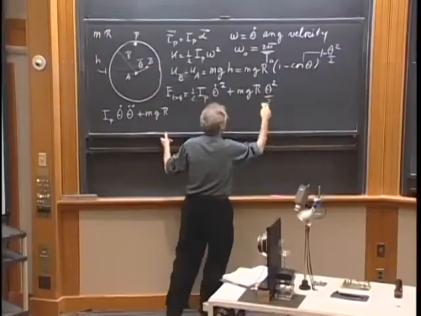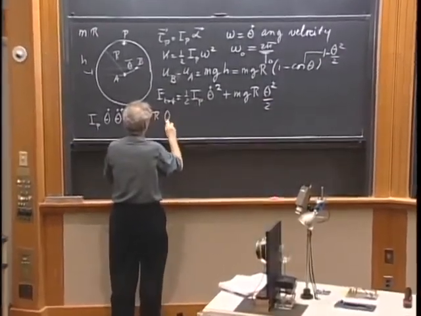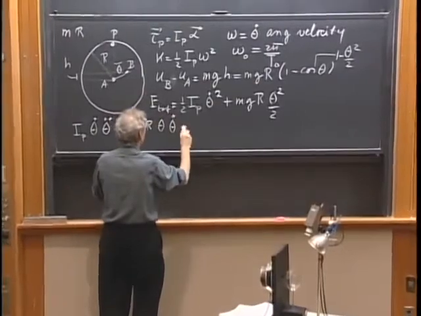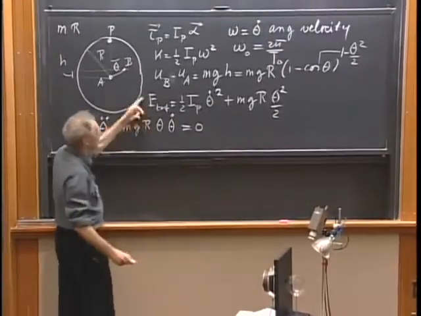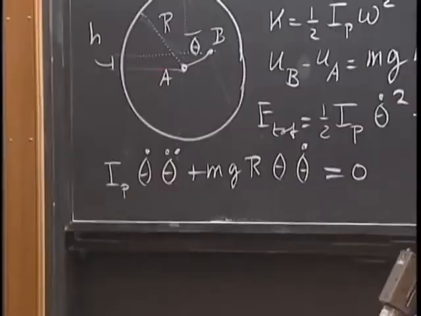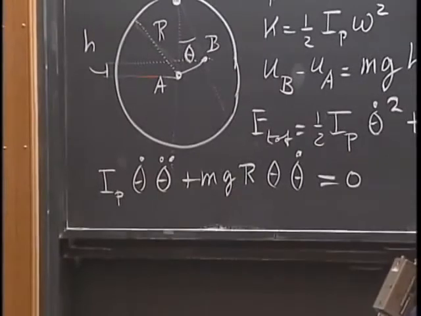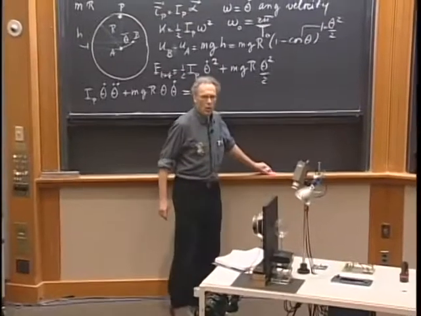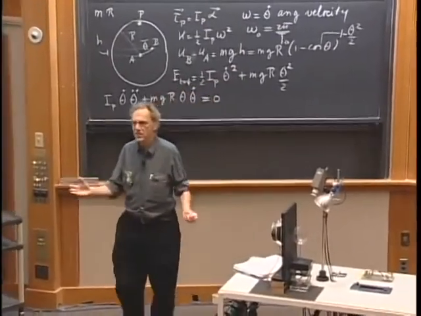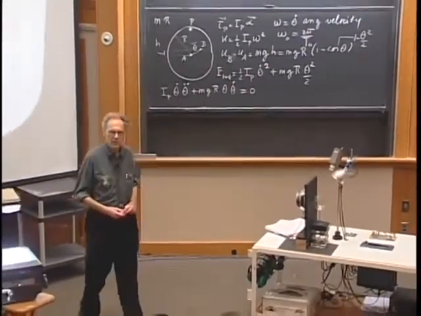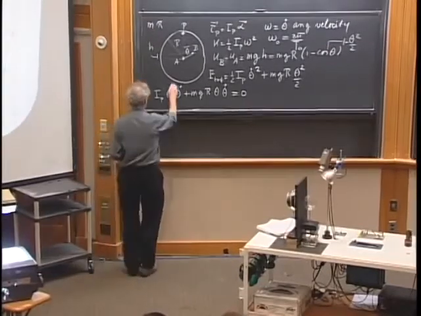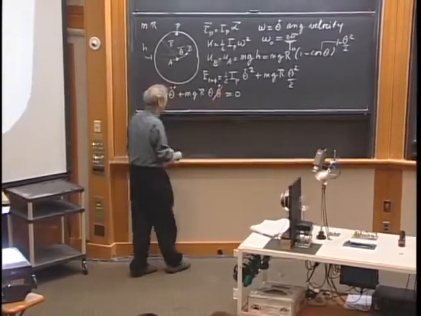This 2 eats up this 2, and so I get theta times theta dot, and now this equals 0 because dE/dt is 0. And whenever you do that, you will always see that the theta dot term disappears, or if you have the equation in x, then the x dot term disappears. You see that. This term goes. You can divide it out.